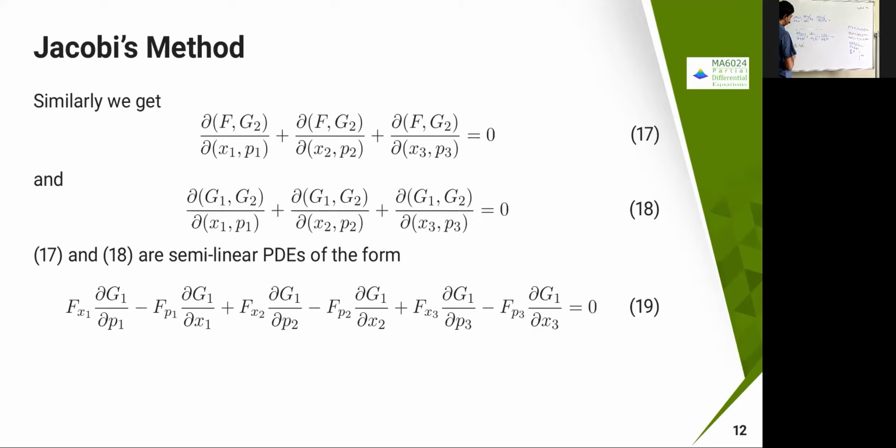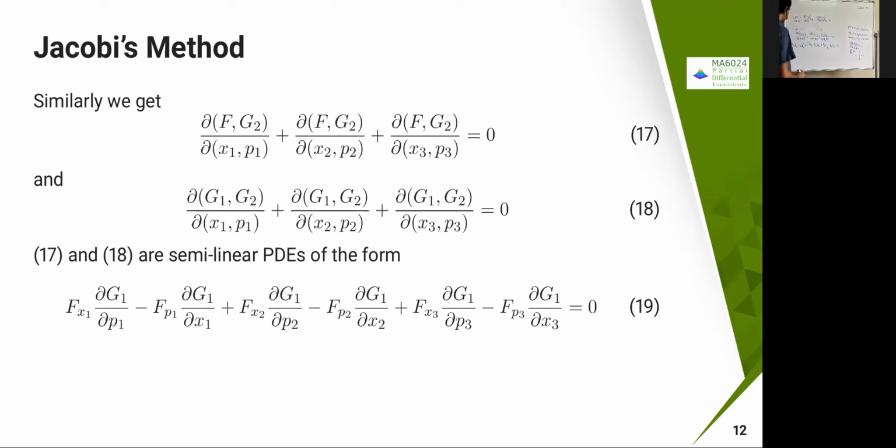Similarly, I'm going to get here f at x2, g at p2 minus f at p2, g at x2. Plus f at x3, g at p3 minus f at p3, g at x3 equal to 0.